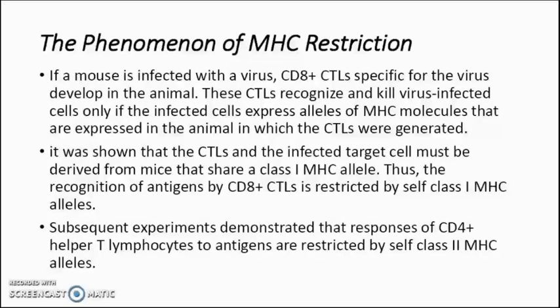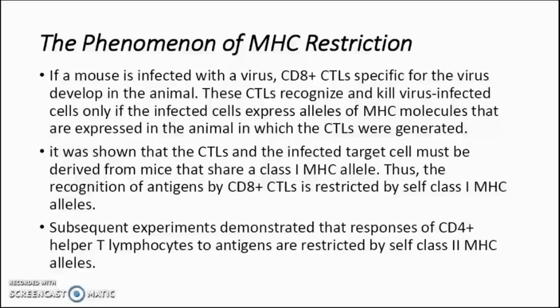Here is the phenomenon of MHC restriction. If a mouse is infected with a virus, CD8 cytotoxic T lymphocytes specific for the virus develop in the animal. These cytotoxic T lymphocytes recognize and kill virus-infected cells only if the infected cells express alleles of MHC molecules that are expressed in the animal in which the cytotoxic T lymphocytes were generated.